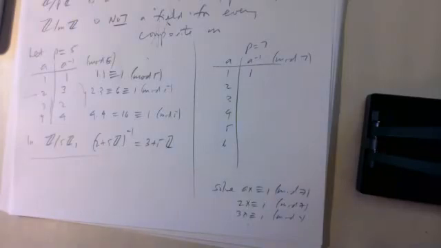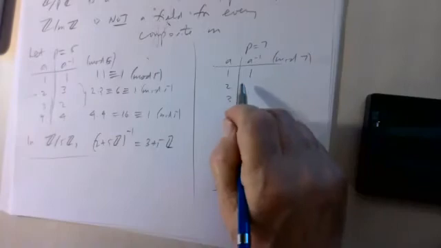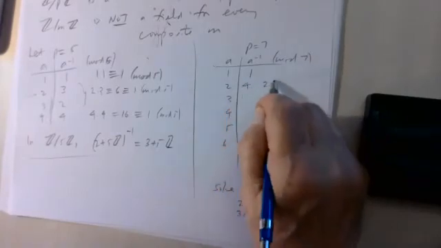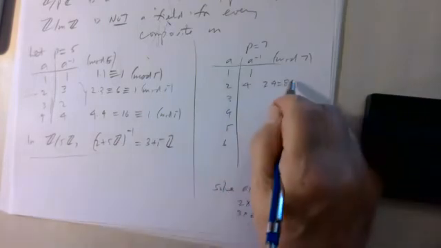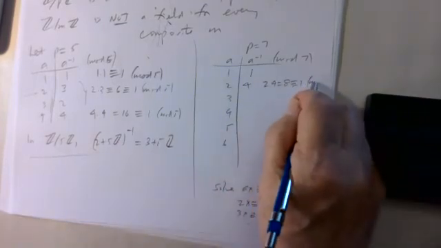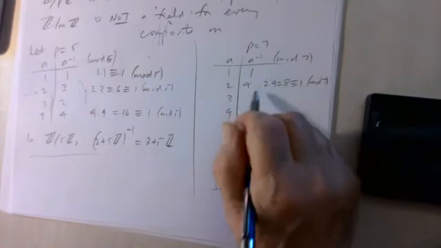Four? Well, what's 2 times 4? 8. Is 8 minus 1 divisible by 7? Yes. Then you are the winner. 4, because 2 times 4 is 8, which is congruent to 1 mod 7.